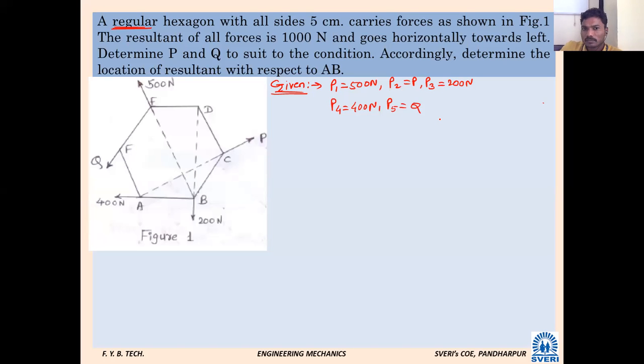And how much value or magnitude is given for that? 1000 Newton. Okay. So we know one thing. If a number of forces are acting in the system, the summation of all x components of those forces will be equal to what?